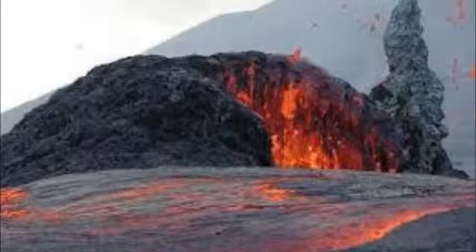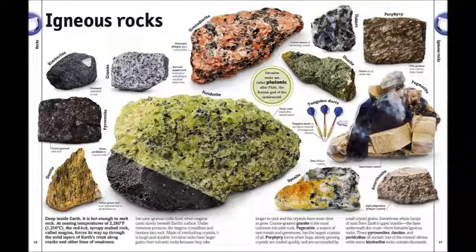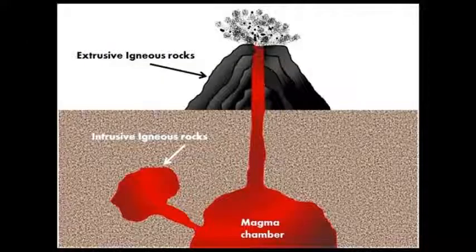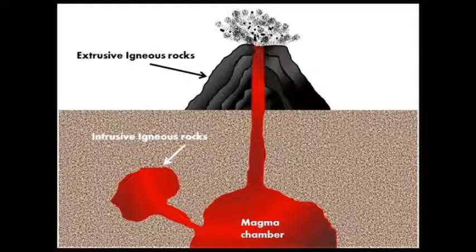Igneous rocks were the first to be formed. Therefore, they are known as primary rocks. Igneous rocks are mainly classified into two types. They are intrusive igneous rocks and extrusive igneous rocks.